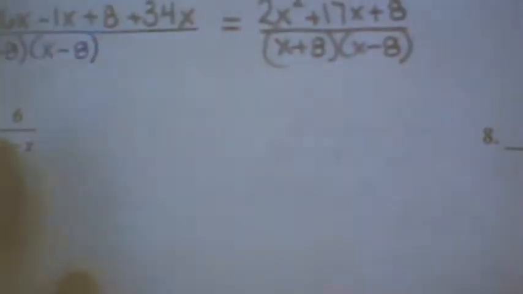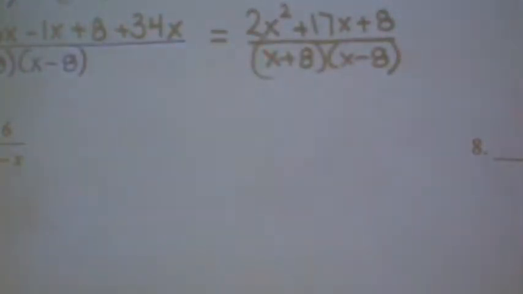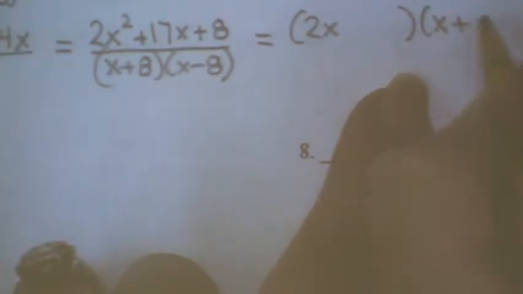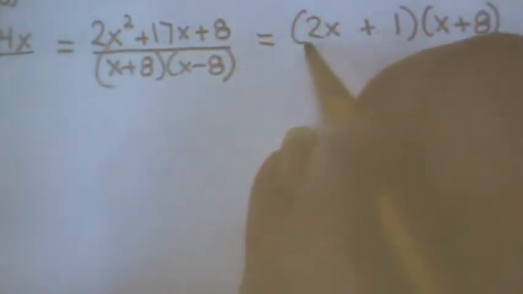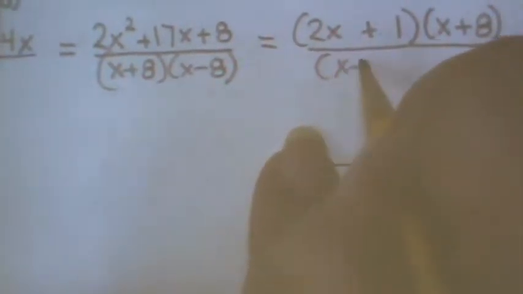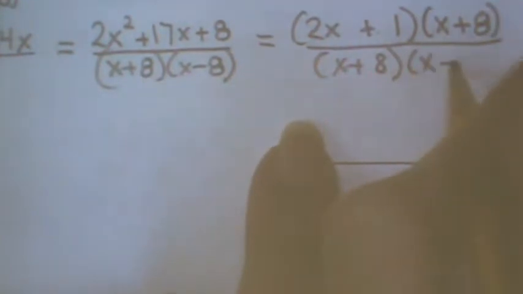Now you want to see if you can factor this. Does this factor? Yeah. This is going to be 8 plus 1. 16 and 1 is 17. Now I'm going to give you a hint.